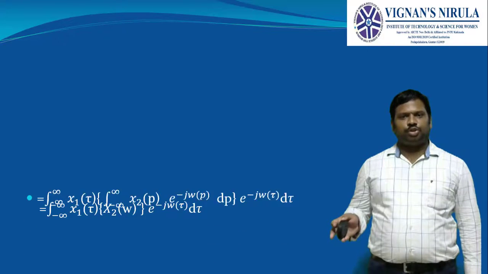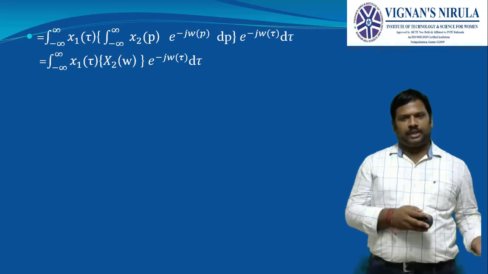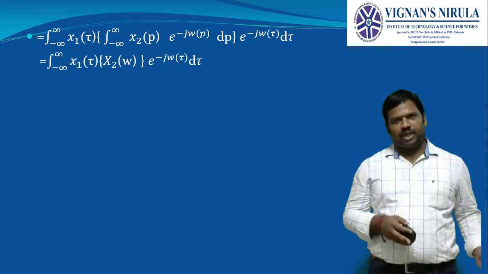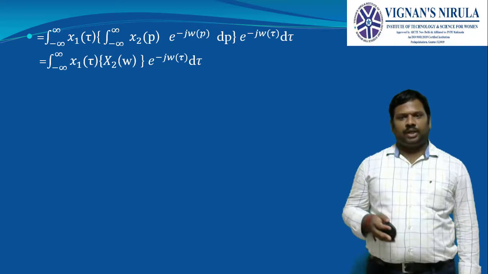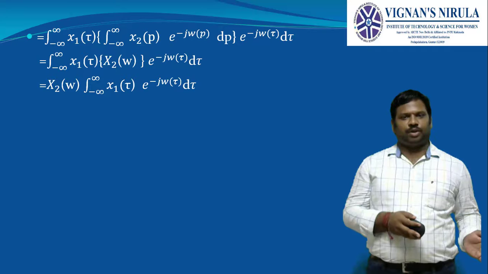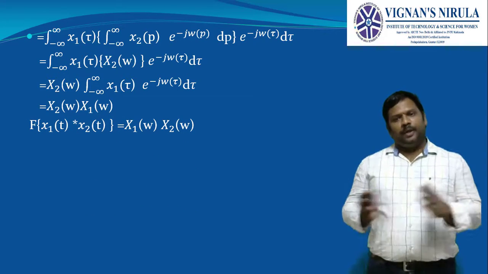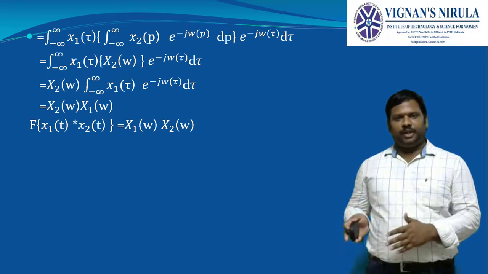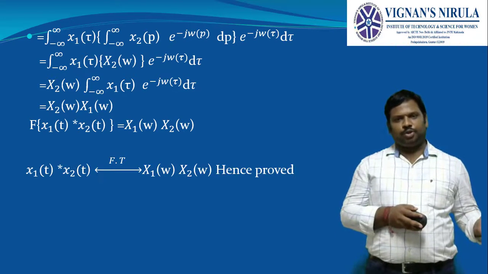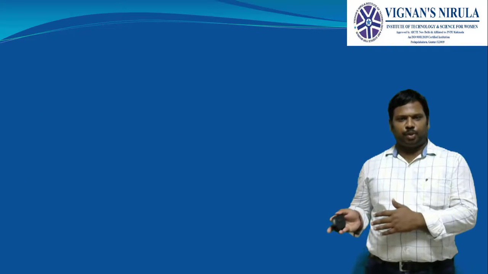The second integration is nothing but our X2 of omega, from the definition of the Fourier transform of x2 of t, and the remaining integral is nothing but our X1 of omega. This X1 of omega and X2 of omega are multiplied in the frequency domain while we take the convolution in the time domain. That is, the convolution in the time domain has a Fourier transform that is multiplication in the frequency domain.